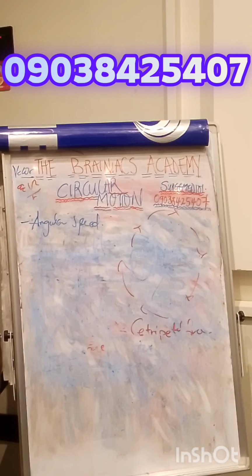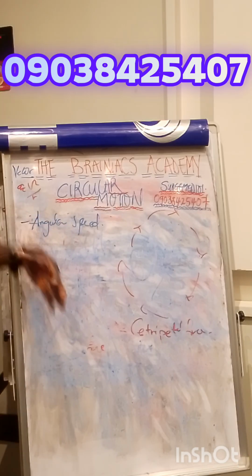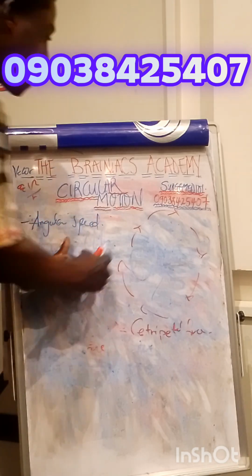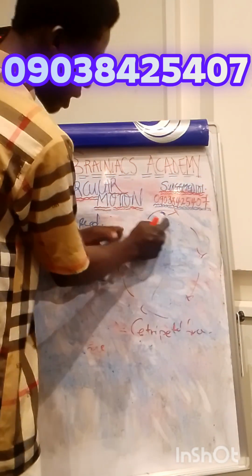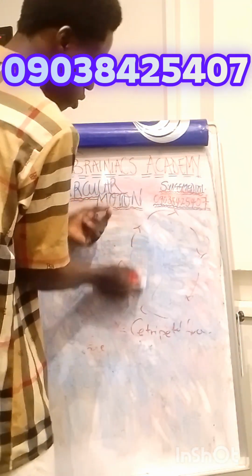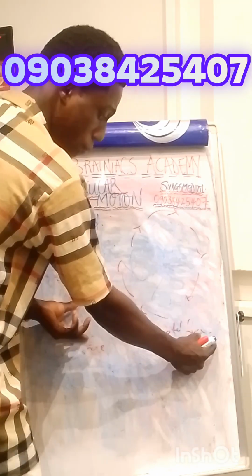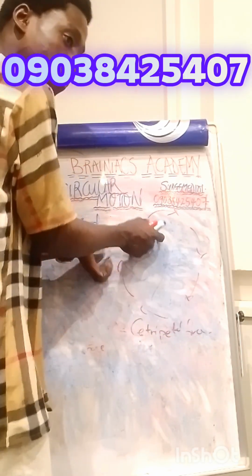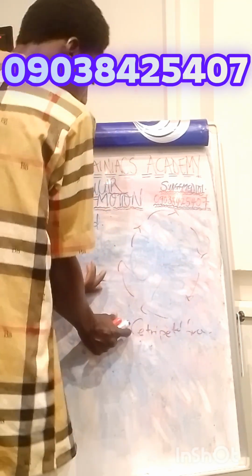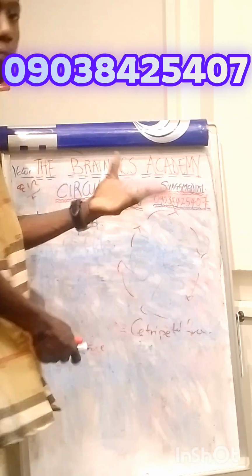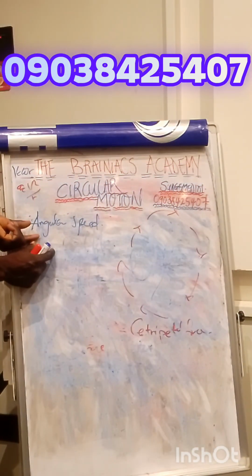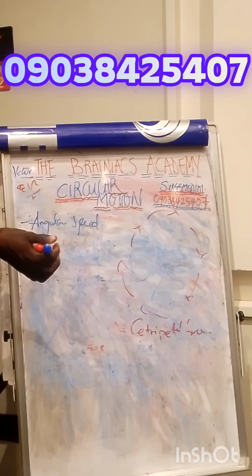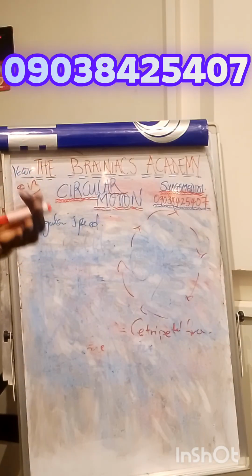So angular speed is just telling you how fast the thing is moving. Maybe you have a rotating fan. Of course, your centripetal force is the one that is causing this thing to rotate. Now, how fast is the fan rotating per second? That's your angular speed. Are you with me? And it is given as the ratio of your angular.